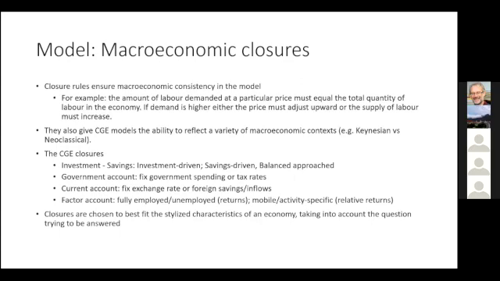They also give CG models the ability to reflect a variety of macroeconomic contexts. So earlier we spoke about different types of CG models, them being Keynesian or neoclassical. In the standard IFPRI model, there are 3 key macroeconomic closures, and then there's a factor closure. The macroeconomic closures are on investment and savings.